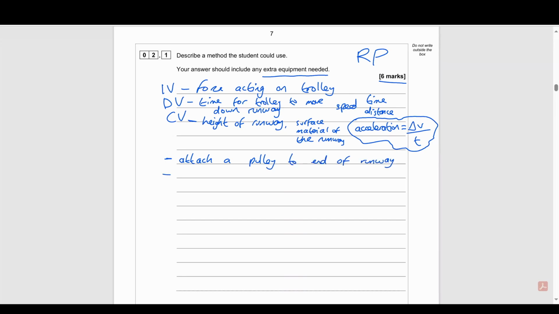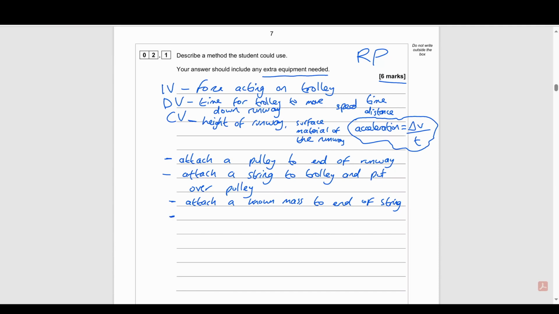Then attach the string to the trolley, and then that string will go over the pulley. Then we're going to attach a single mass to that string. So our trolley is set up now.